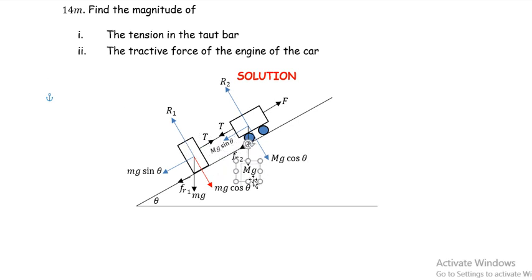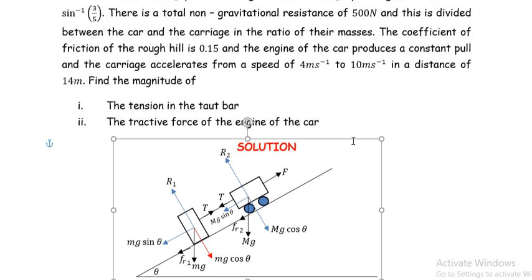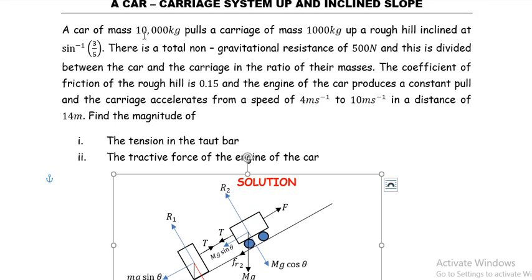There's one last force that we have to indicate, I think. The mass is capital M for the car, and for the carriage it is small m. The angle is theta, which is sine inverse of 3 divided by 5.